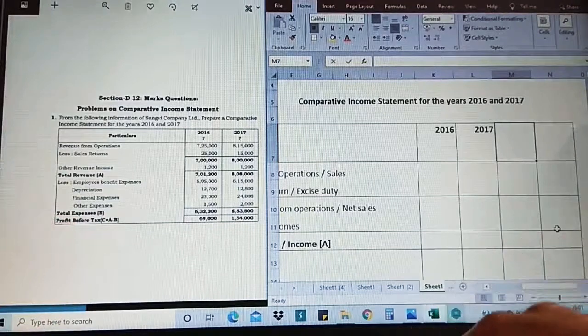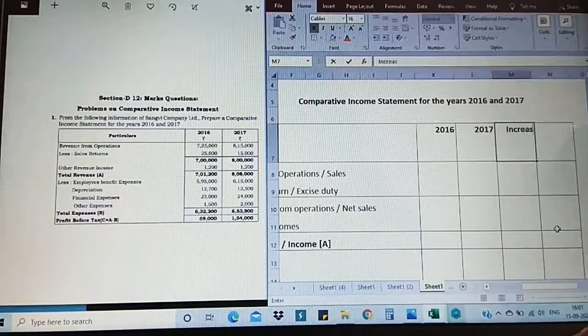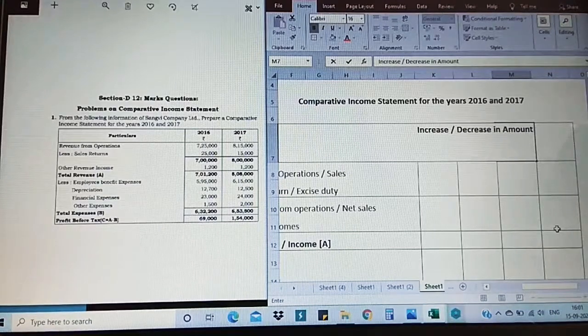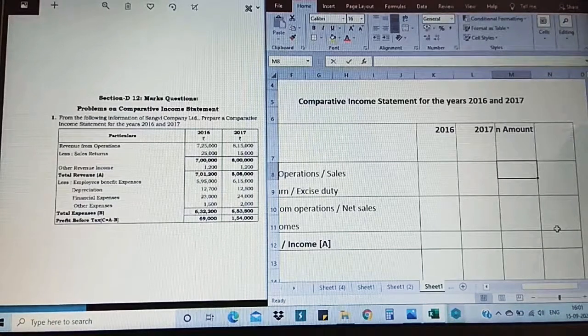the third column will be increase or decrease in amount.